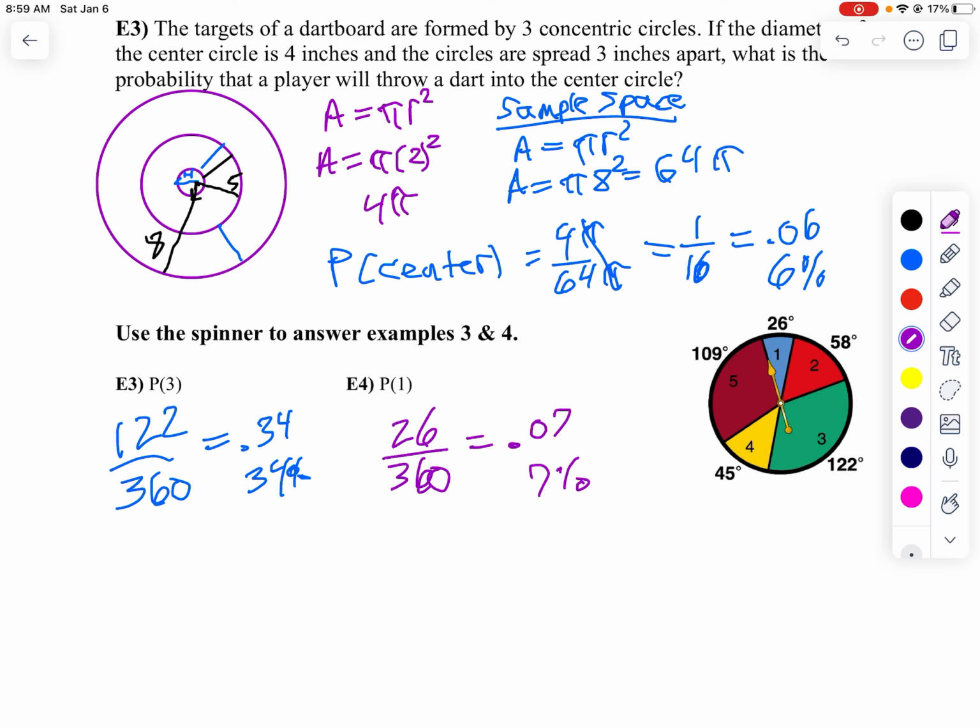13 over 180. And the reason I went straight to a decimal is that doesn't make intuitive sense when the numbers are that big. If I take 122 and I divide it by 360, I get that divided by 2 is 61 over 180. What did I say? 188. 180 on example 4.